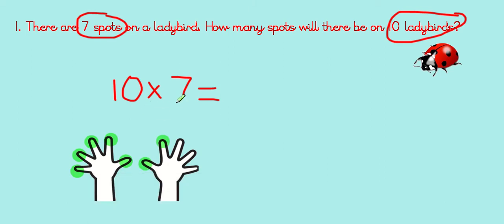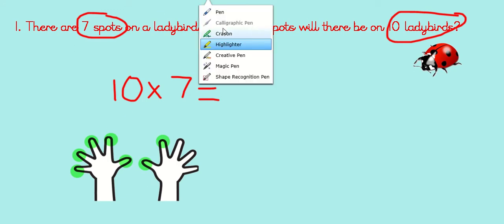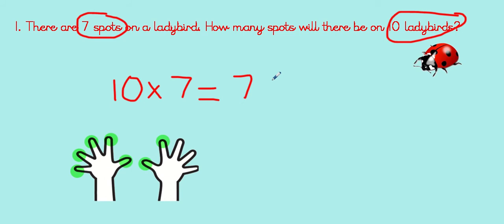So 10 lots of 7 are 70. Well done if you saw that and you knew the answer already. That's the ultimate aim, isn't it? To see 10 times 7 and know that 10 times 7 makes 70. That's absolutely fine if you had to use your fingers. Well done. 10 lots of 7 are 70.